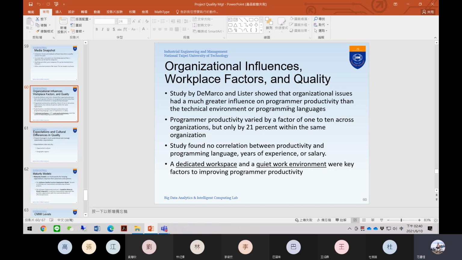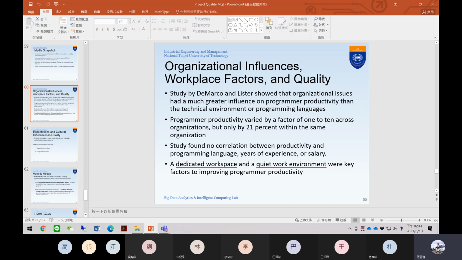So you can see that organization issues have an absolute impact on the throughput of the technical person. Programmer productivity varies by a factor of 1 to 10 across organizations, but only by 21% within the same organization. So that means 80% must be accommodated by organization issues, not technical issues.